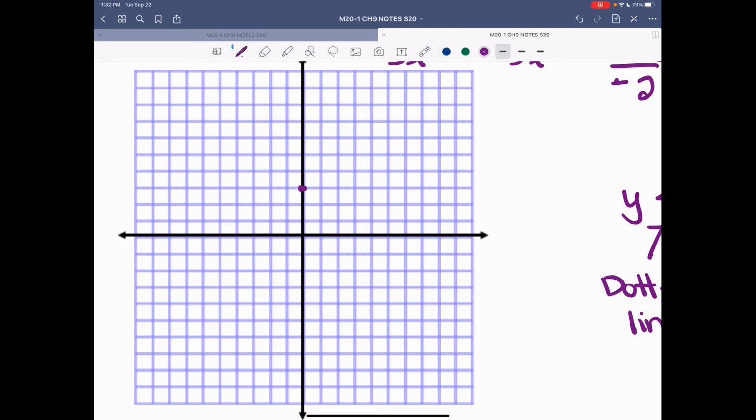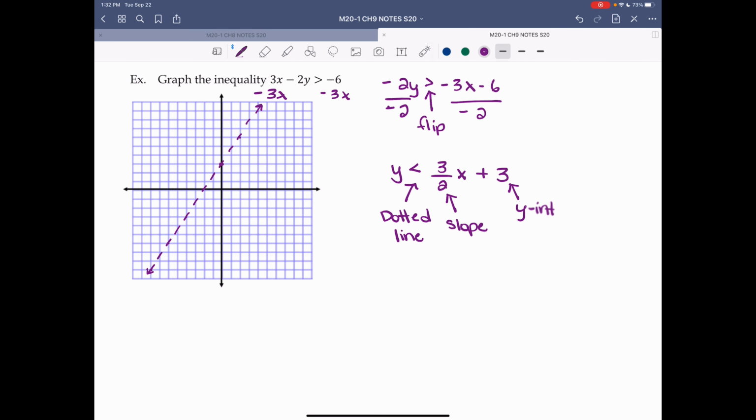Y-intercept at 3, slope of 3 over 2: 1, 2, 3, right 2, 1, 2, 3, right 2. If we want to go down, down 3, left 2, and so on. This is a dotted line. There's our line.